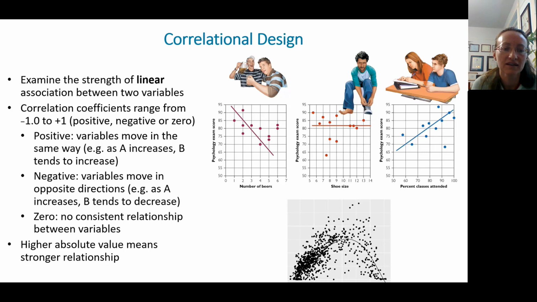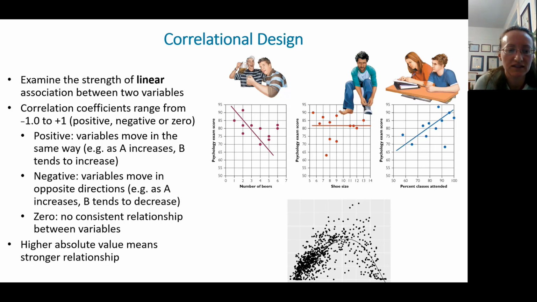That line is called a regression line, and there is a mathematical equation you would compute to get the slope of that line. The closer the dots fall to the line, the stronger the relationship is.